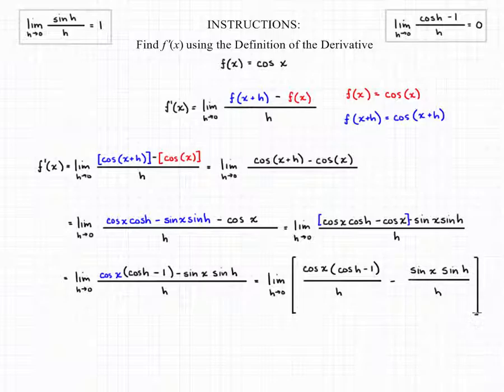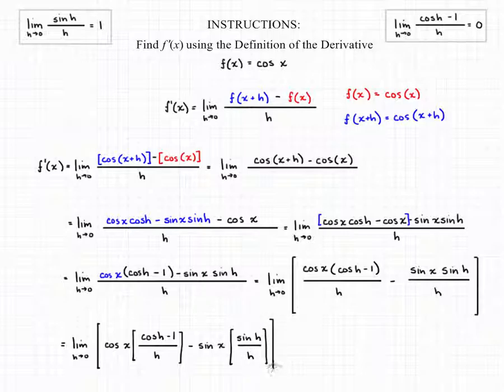And from here, we're going to factor out the cosine of x and the sine of x in each of our respective terms. So we're going to end up with the cosine of x times the quantity cosine of h minus 1 over h. And from that, we're going to subtract the sine of x times the quantity sine of h over h.